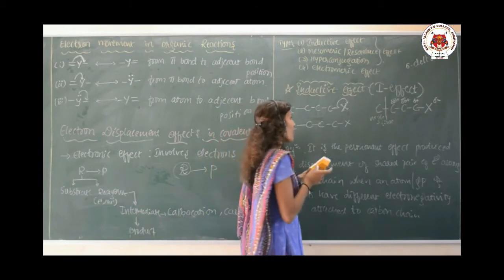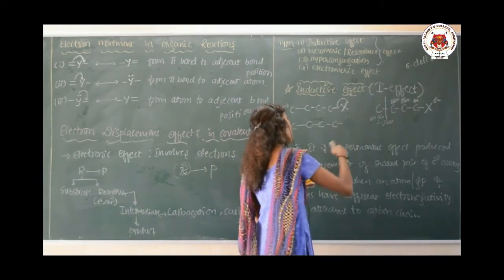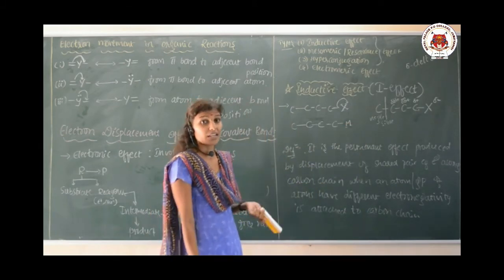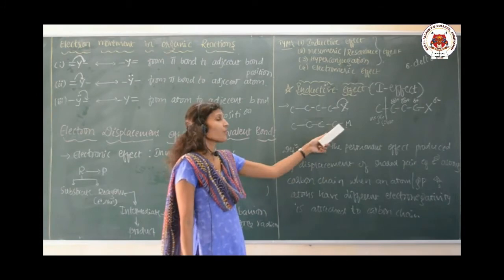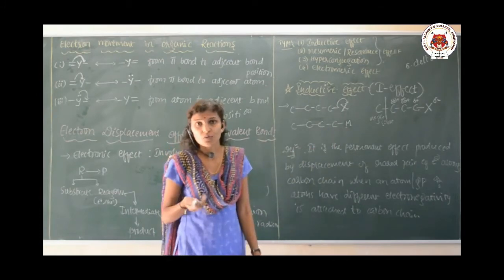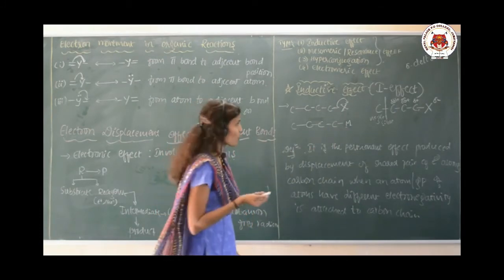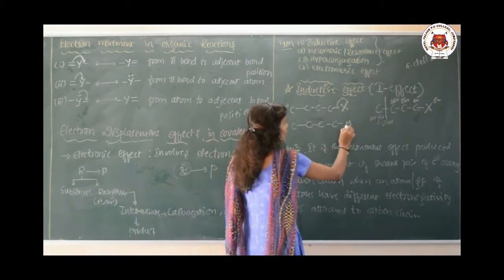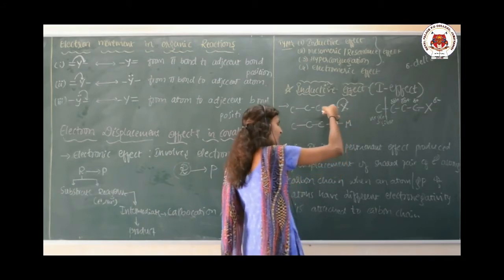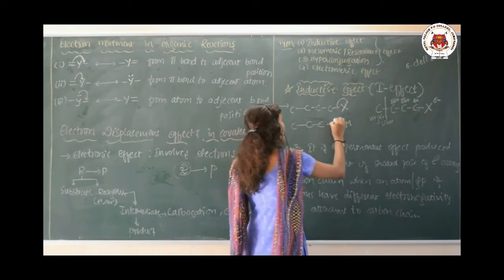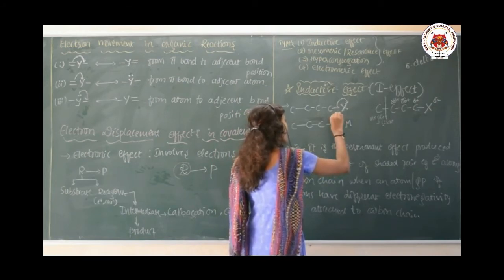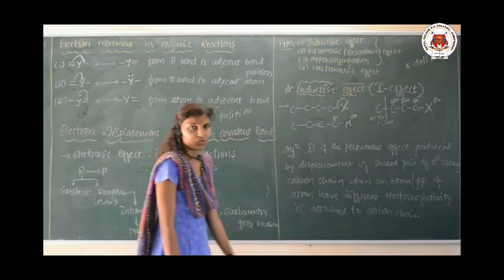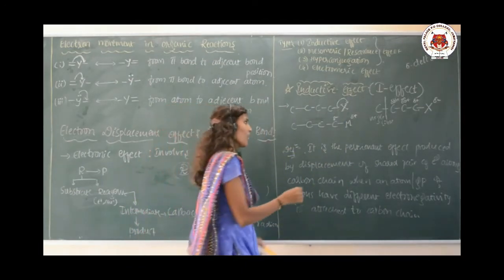Suppose this X is any metal. During that time, what happens? This metal itself donates the electron towards the carbon. Here the other atom was more electronegative and dragged the electron, but if this metal donates the electron towards the carbon, this carbon gets the partial negative and this gets the partial positive charge. What about the next carbon?